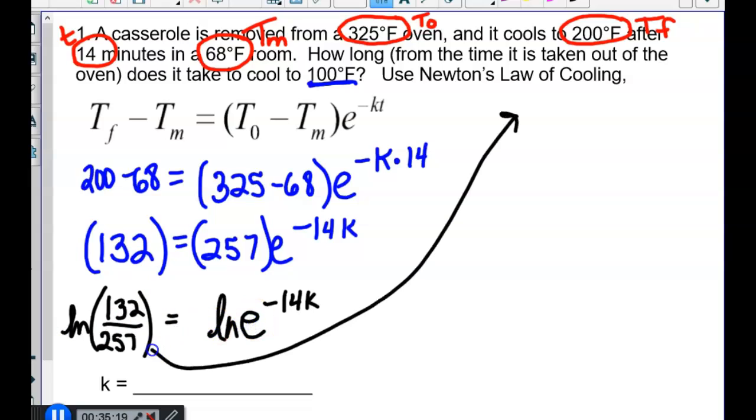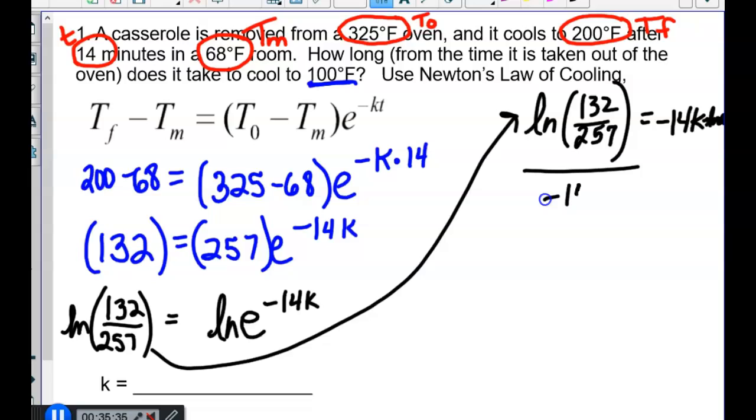So on the left, we're going to get some messiness, ln of 132 over 257. You guys be typing that for me. And on the right, we have negative 14k come out in front of natural log of e, which is just 1. So then we got to divide by negative 14 to get the k value. And it should be a small positive decimal. What did you get? Everybody agreeing? Okay.